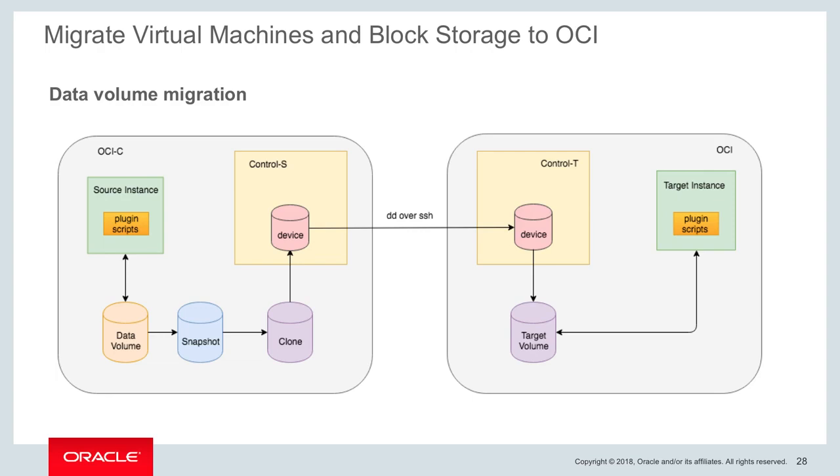Once the entire copying is done, the target volume is detached from the Control T instance and the source clone volume is detached from the Control S instance, and the clone as well as the snapshot are deleted from the OCI Classic account.